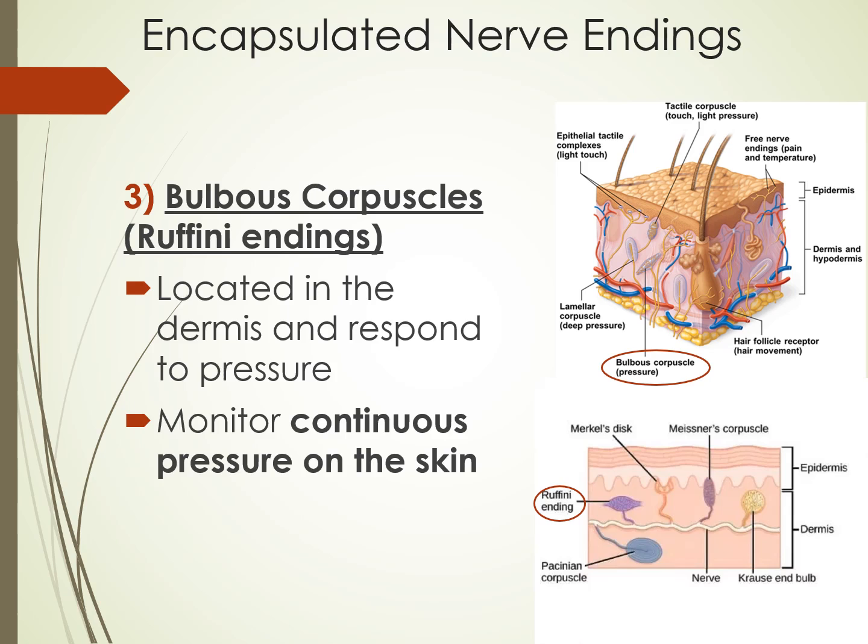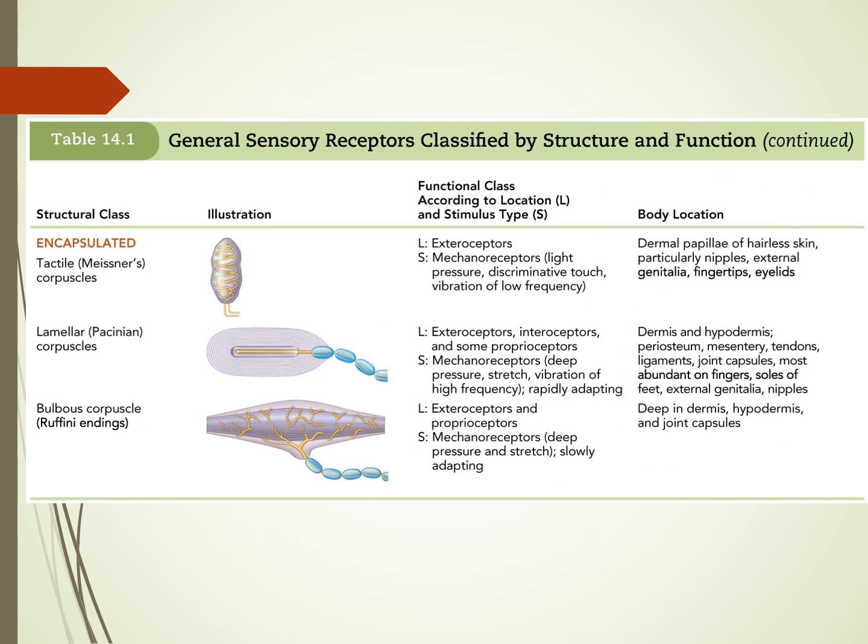And then our third and new kind are the bulbous corpuscles, and they are also located in the dermis, about the same area as those lamellar corpuscles, but they respond to slightly different pressure. It's more of a continuous pressure on the skin instead of just deep pressure.